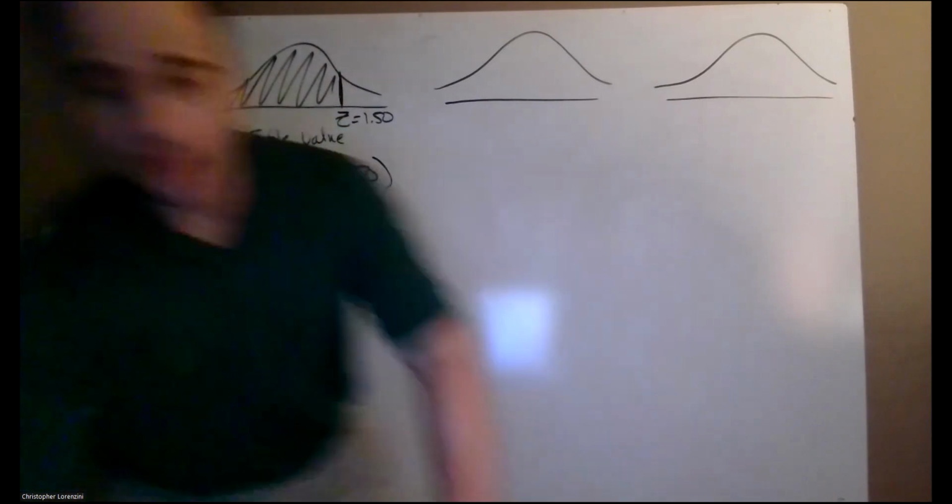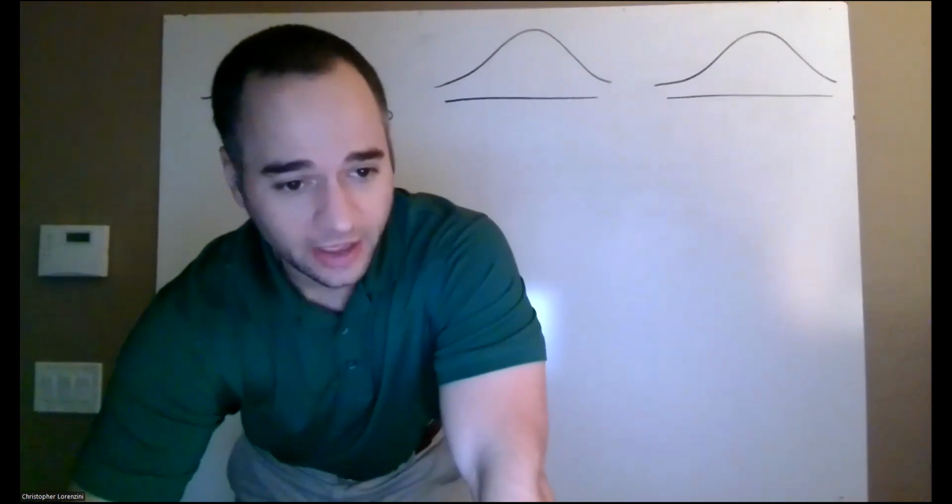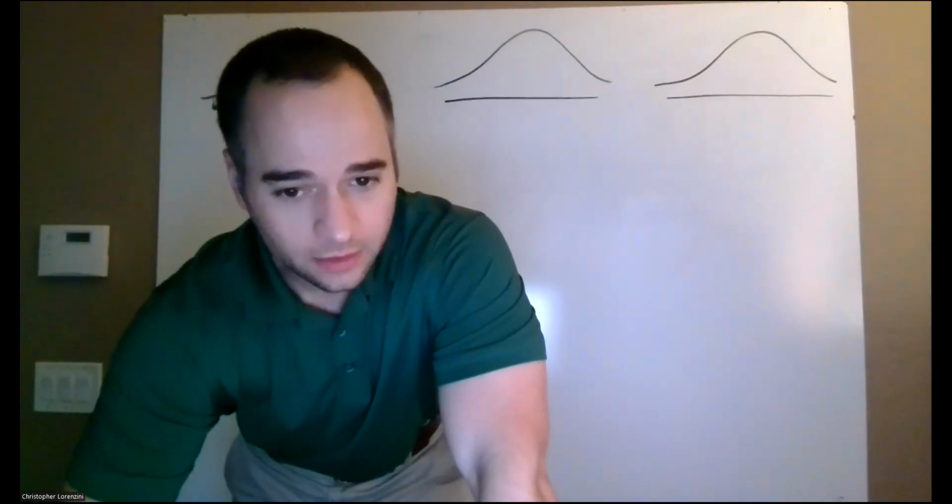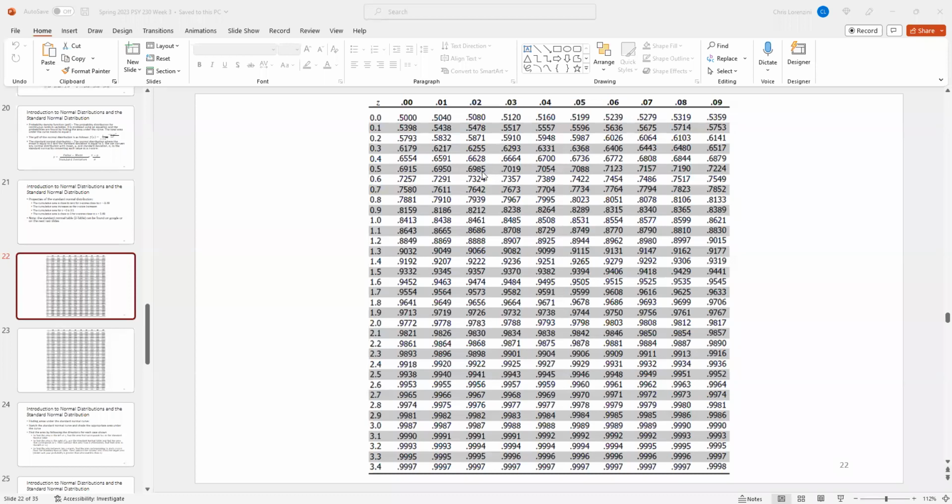So what we do then is we go to our z table, and I say, okay, area to the left under the curve of 1.50. So I start with my z. I come down to 1.5 because that's the first two digits. And if that second decimal is 0, then I just use this first column right here.